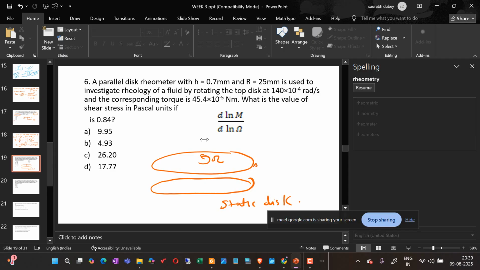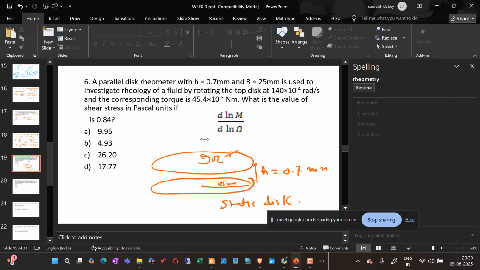And then distance between these two discs is h, and h is equal to 0.7 mm, and then radius of this disc is 25 mm, right? And this is used to measure the rheological fluid property, right?